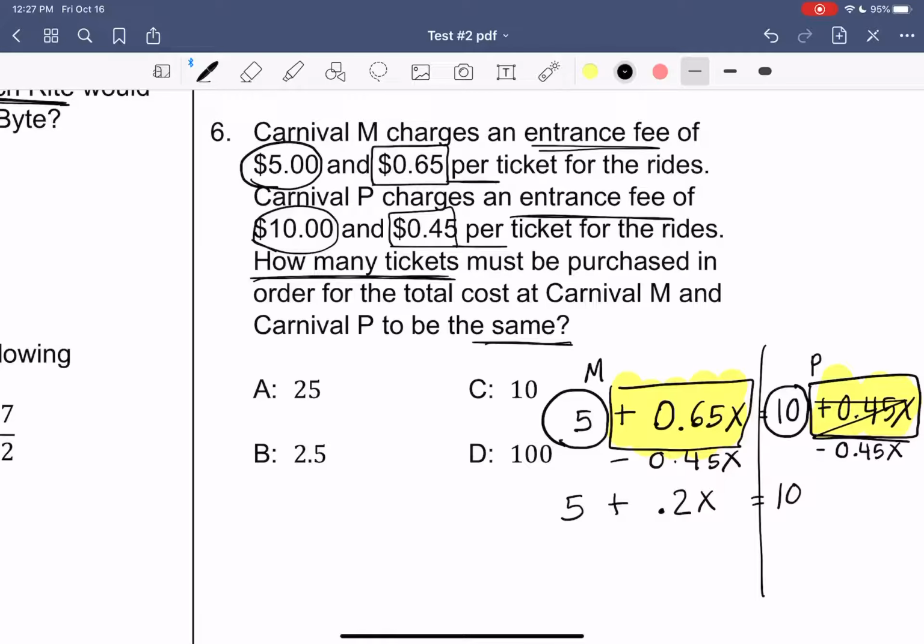And now we have our constant numbers. So we have a constant here and a constant here. So what we're looking for is the constant on the same side of the equal sign, which is 5. So we're going to subtract 5 from both sides, and we'll be left with 0.2x equals 5. And our last step is to ask ourselves, is there a coefficient other than 1 with the variable?